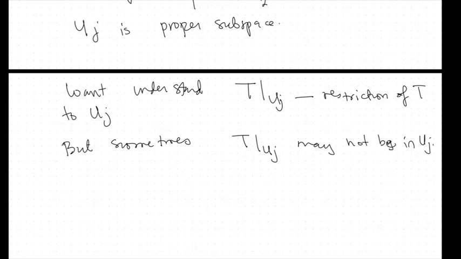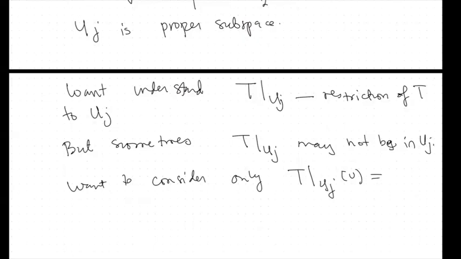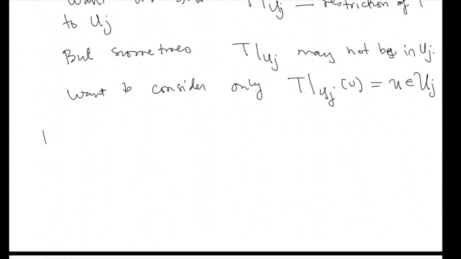That's why we want to consider only those u in Uj for which T applied to u is also in Uj. So this is the notion that we want of an invariant subspace. The name is very leading. This is called invariant.